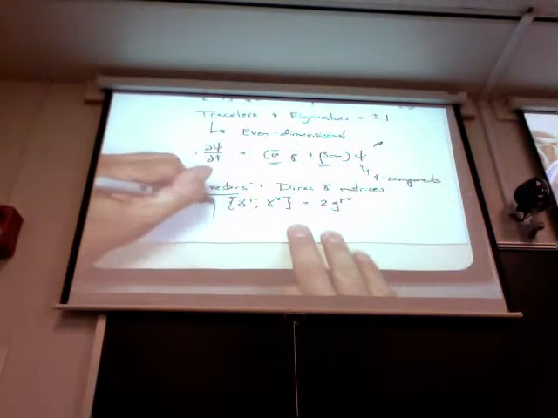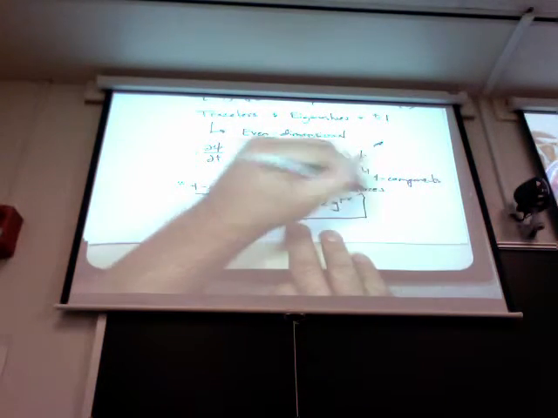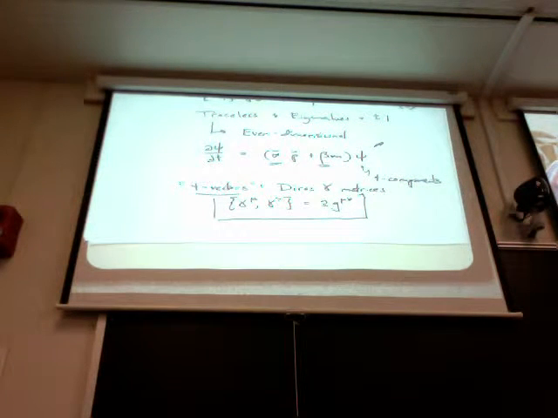So keep in mind what we're after. We're after a fully relativistic equation for spin 1/2 fields, but we also want to be able to write down a Lorentz transformation for these fields, or for these spinors.